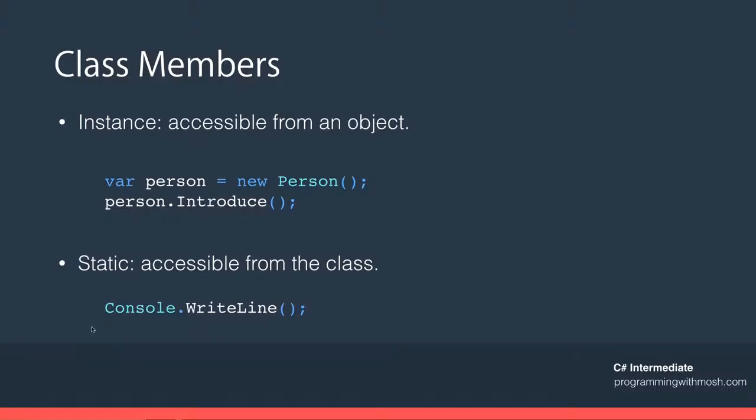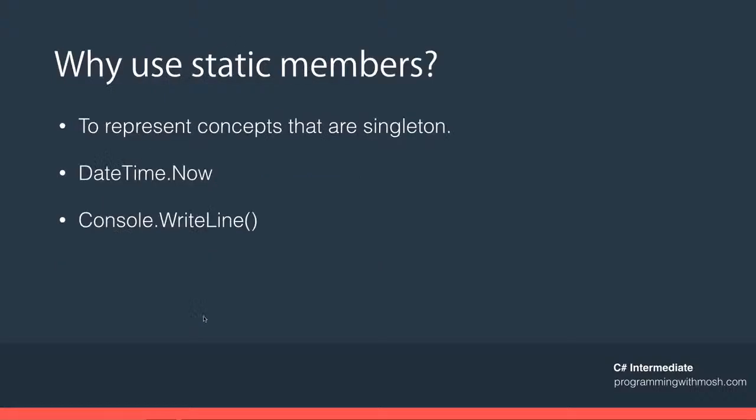Now you may wonder, why do we use static members? Basically, we use them to represent concepts that are singleton. That means we should have only one instance of that concept in memory. Think of the concept of the current date time. We should have only one place in memory where we know the current date time. It doesn't make sense to have different objects, each telling us that current date time is a different value.